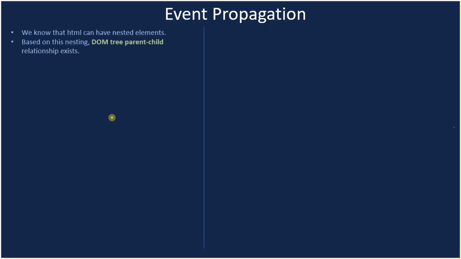Based on this nesting, a DOM tree parent-child relationship exists. When we have nested elements, we will be having a similar parent-child relationship in the DOM tree.